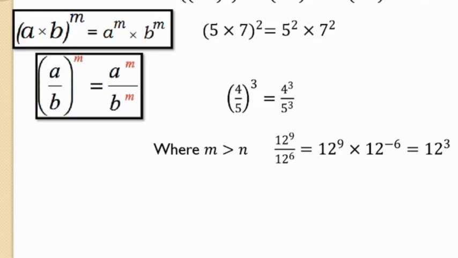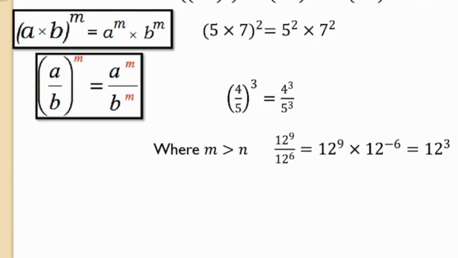Where m is greater than n. Here, for example, 12 to the power 9 over 12 to the power 6 means the 12 on top is multiplied by itself 9 times, and in the denominator 6 times. I can simplify them, meaning I can cross out one from the top and one from the bottom, and in the end we are left with 12 to the power 3 in the numerator. Or I can use the rule that says 1 over a to the power m is written as a to the power minus m.